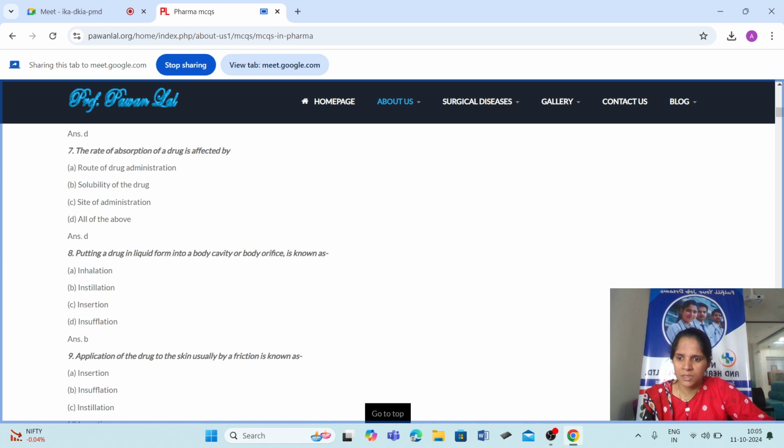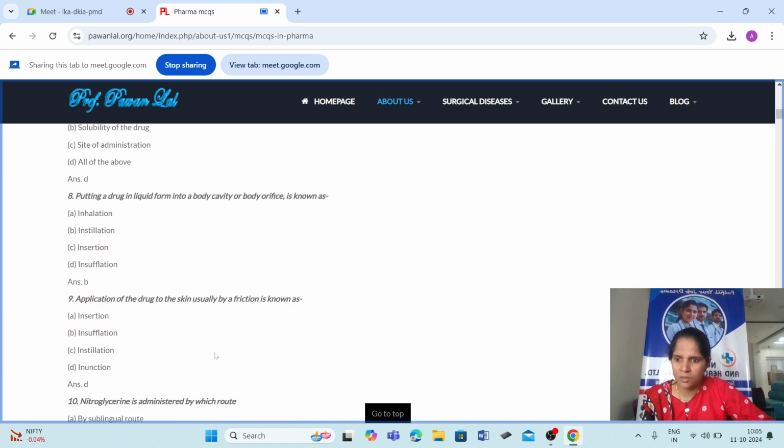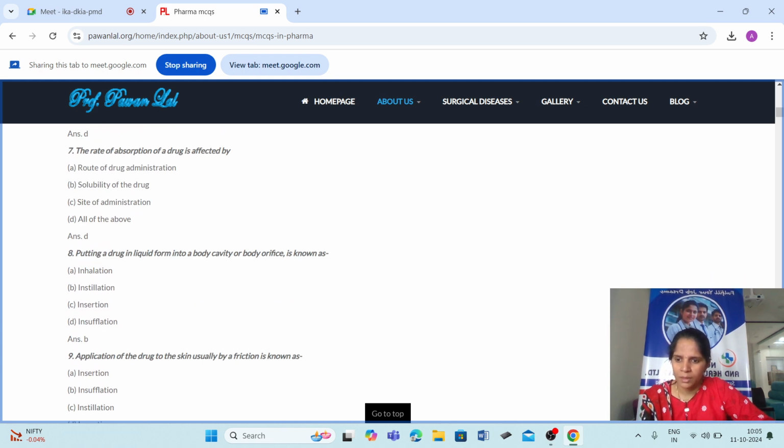Yes, ma'am. Next, application of the drug to the skin, usually by friction, is known as what? It is not insertion. Insertion in the sense you are going to insert something into your body. Like if you go with any endoscopy, laparoscopy, they will insert some pipes into the body. That is insertion we say. Insufflation is again different.